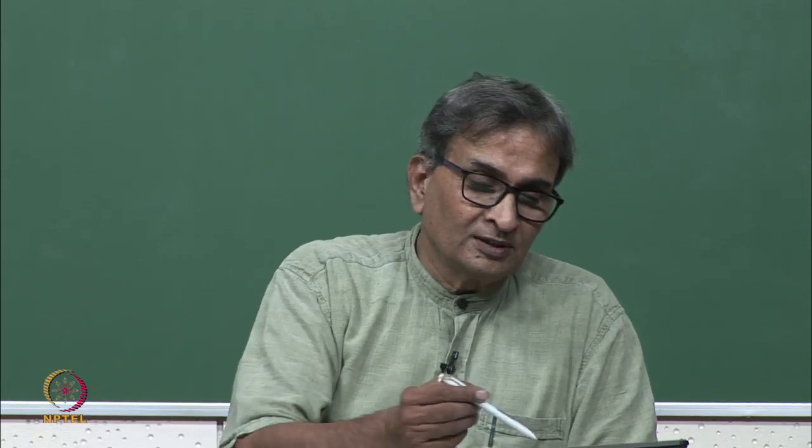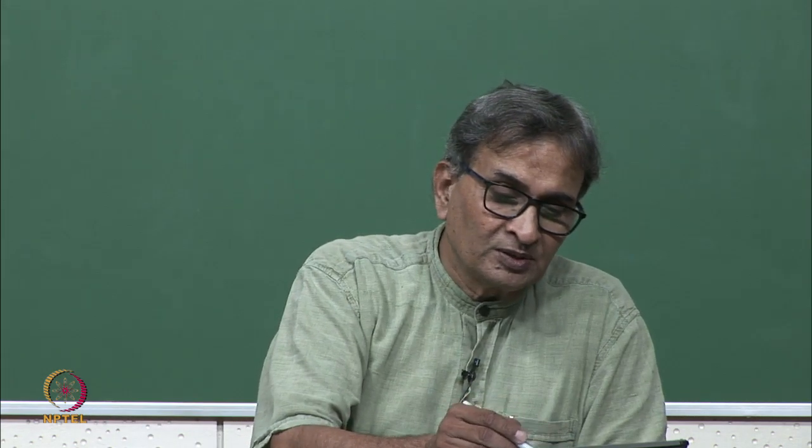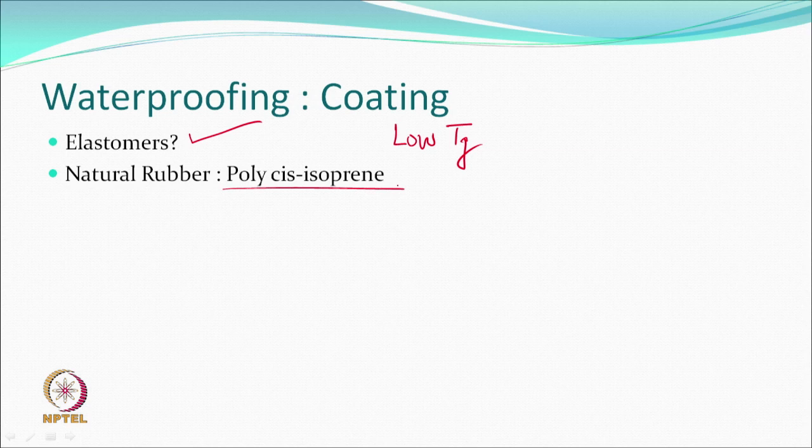So, because of this, they are very soft. So, they stretch easily and they recover. If that kind of a polymer that we have, those will be called elastomers, and one of the examples is polycis isoprene, which is natural rubber.